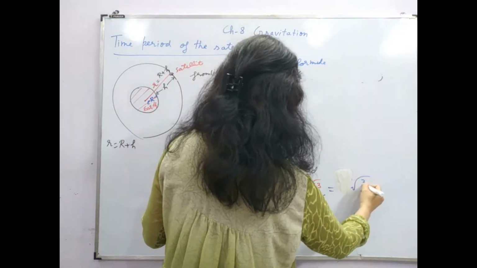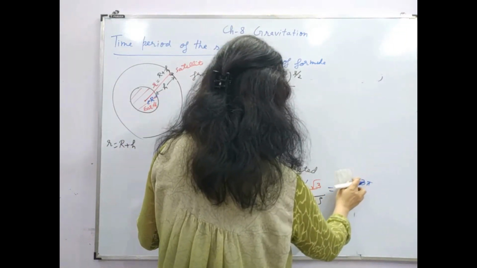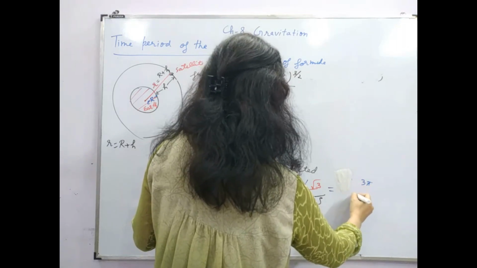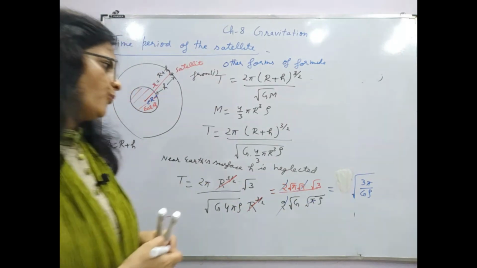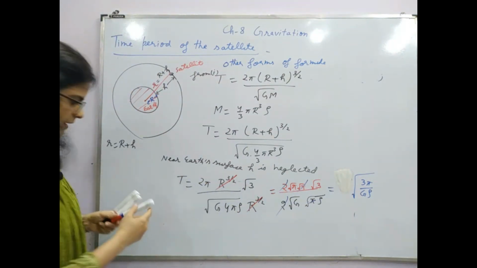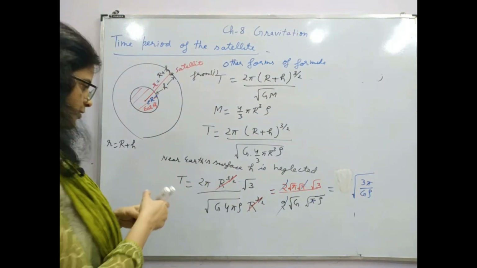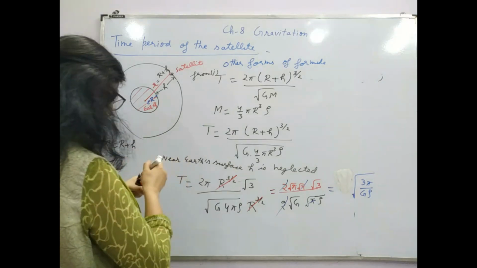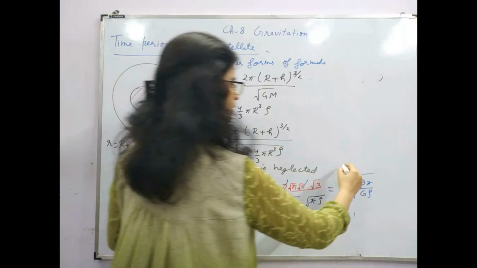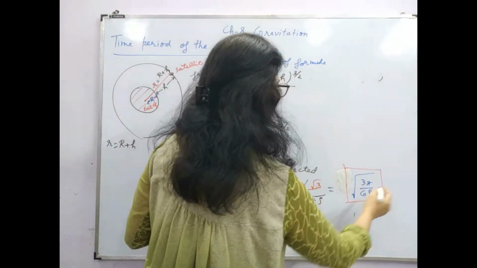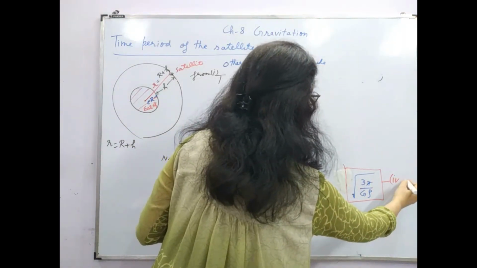Under root of 3 pi by G rho. So this is another form of the time period formula. Time period is equal to under root 3 pi upon G rho. So this is the fourth formula.